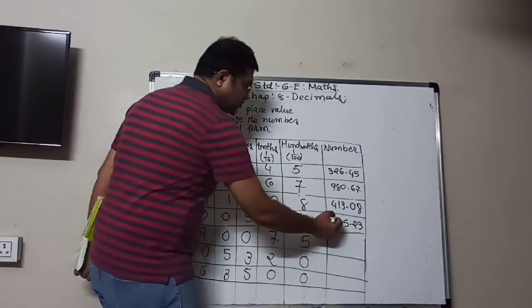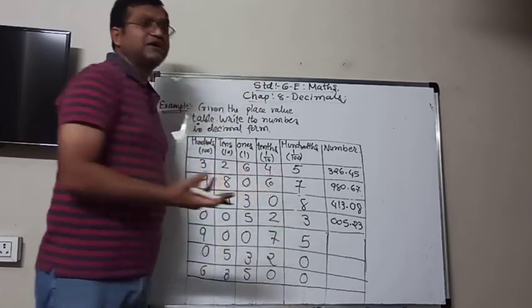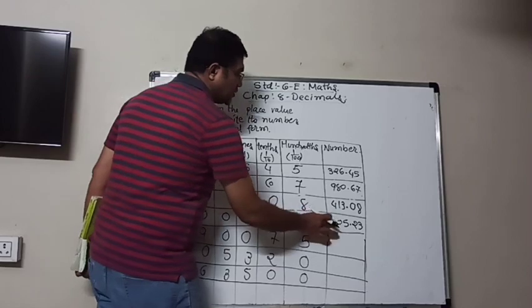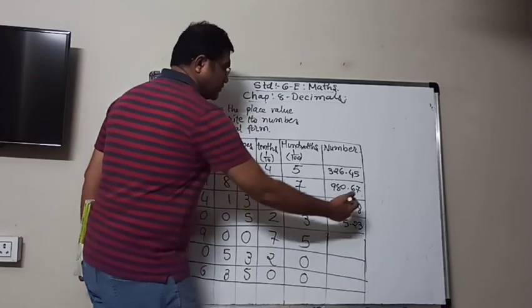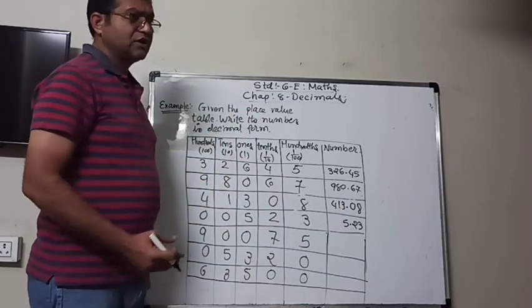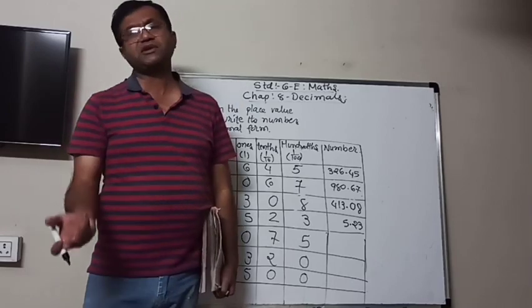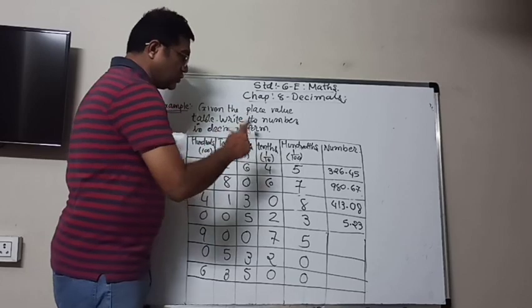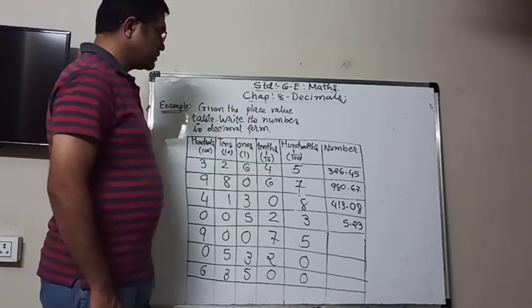You can write 005 also, but it does not have any meaning, so we don't write those zeros. When the zeros are in the beginning, if you write them or not, it is the same. But if they are somewhere in the middle, you are supposed to write them down.